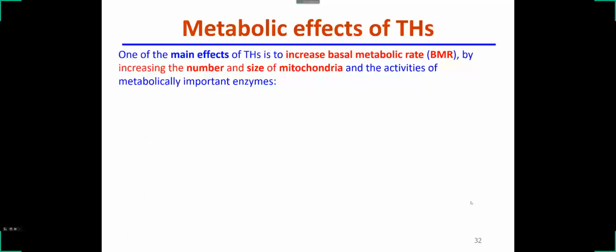Okay, so one of the main effects of thyroid hormones is to increase the basal metabolic rate. This is done by increasing the number and size of mitochondria and the activities of those important enzymes. If you remember, we looked at the genes that were turned up or down, and a lot of them had to do with mitochondrial function and metabolism.